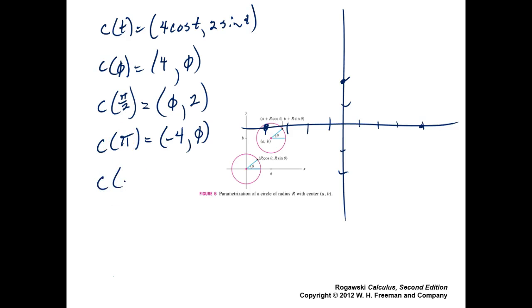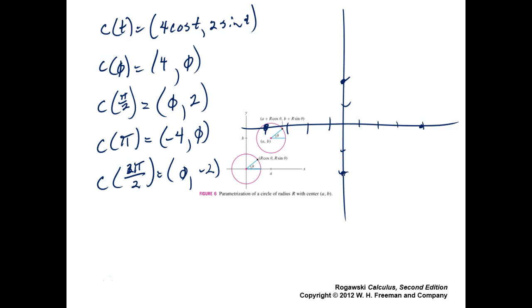C of 3 pi over 2. Okay. That would be what? Zero. I believe it's negative 2. Well, sine of 3/2 pi is -1 times 2 is -2. So that would be down here.